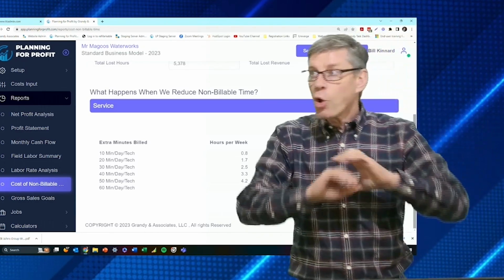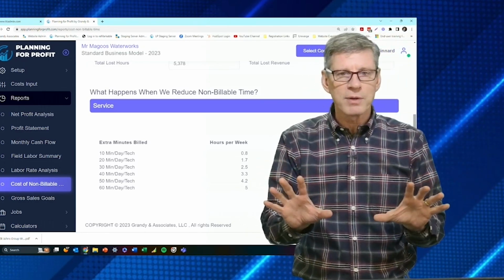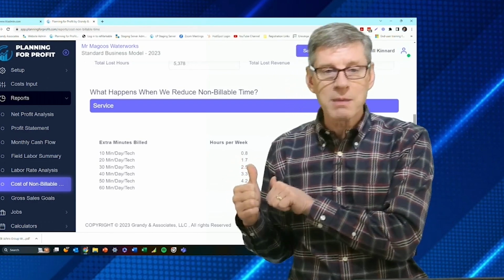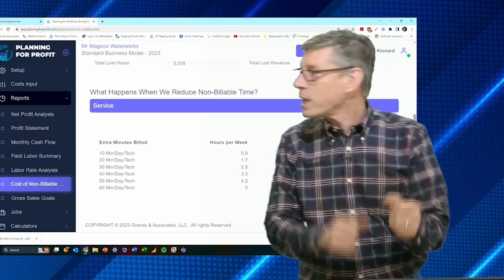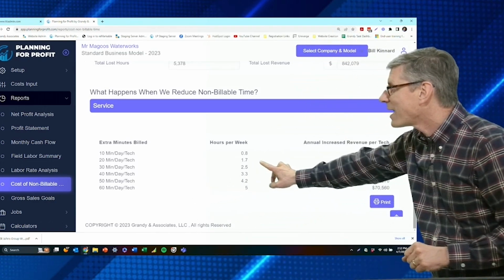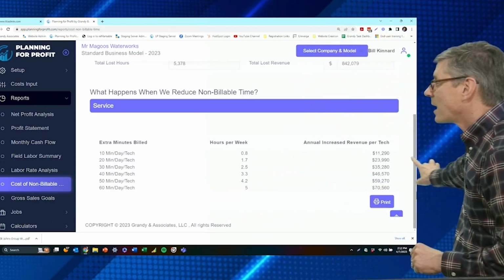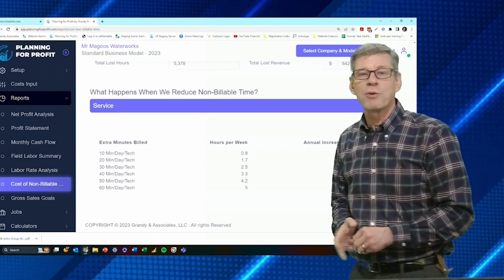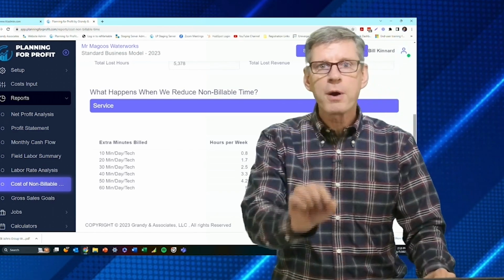Because think about it, all of your overhead is already somehow covered. Anything else that you bring in is going to flow right to the bottom line. If I could do 20 minutes a day, that's 1.7 hours per week. Times throughout the rest of the year, that's almost $24,000 in increased profitability per technician.